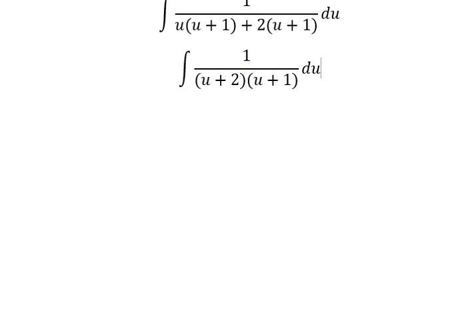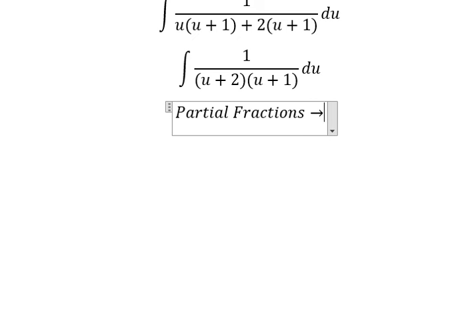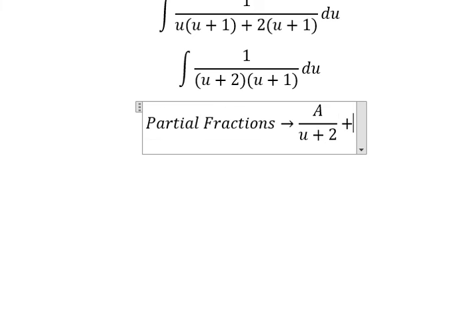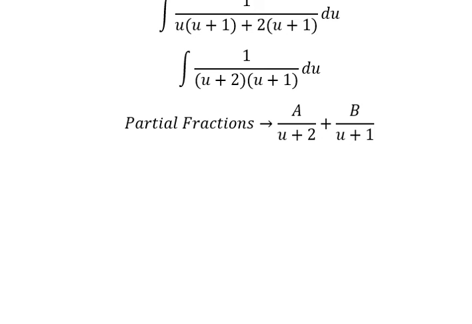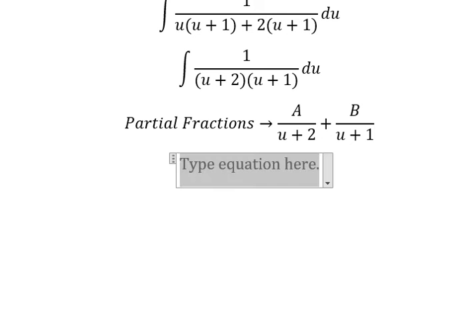Next, we can use partial fractions. So I will put A over u plus 2, B over u plus 1. And now we do the common denominator.